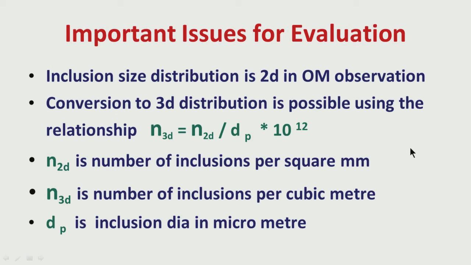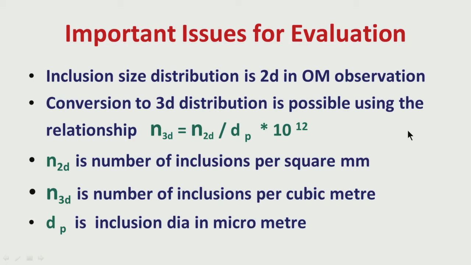So, how do you know the distribution of inclusions in the bulk of the sample, in the volume of the sample? It is necessary to convert this two-dimensional distribution to a three-dimensional distribution, which is more realistic. We should be getting more information about the three-dimensional distribution of inclusions in steel.